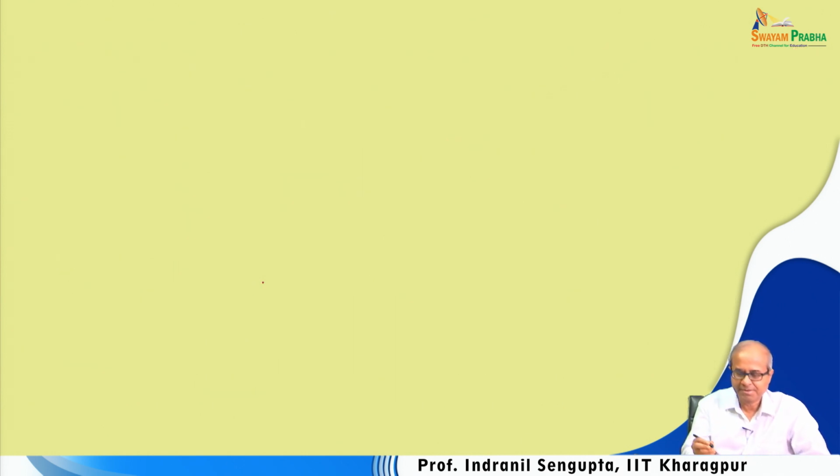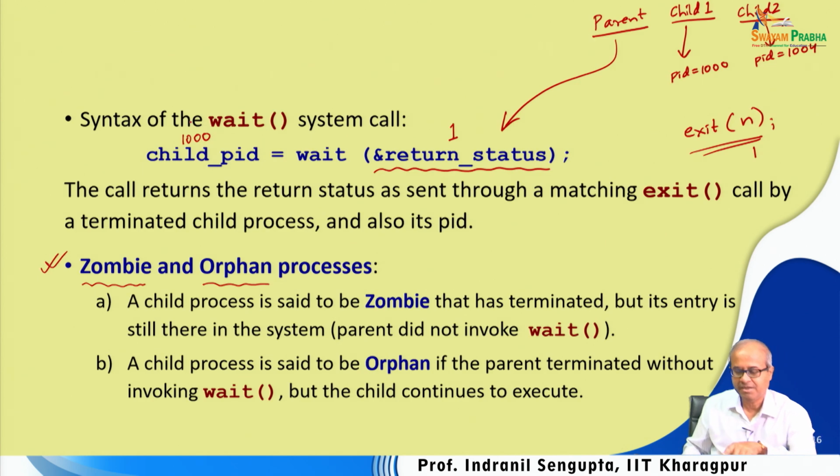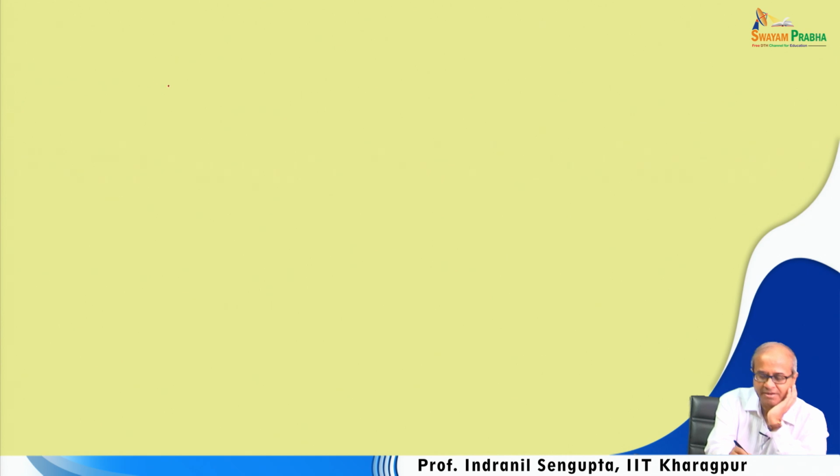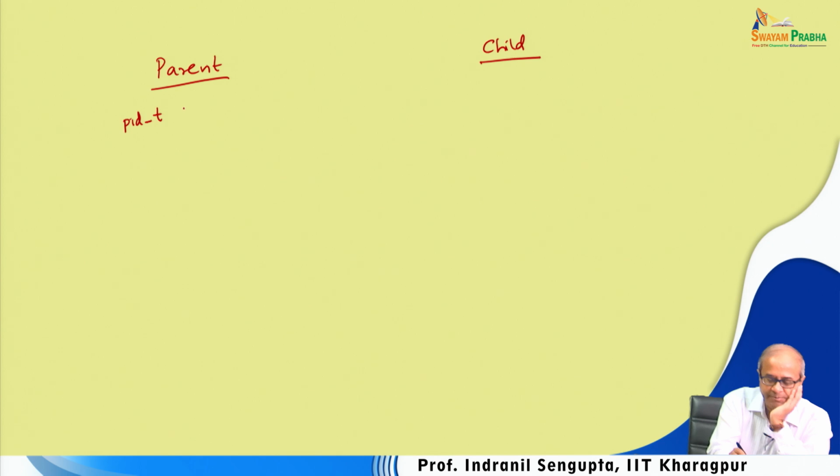Now, as I had said lastly, that you can have this wait and the exit system calls. Let us go to the previous slide. So, let me give a very specific example here, the parent and any one of the child. Here we can define a variable pid_t xyz.